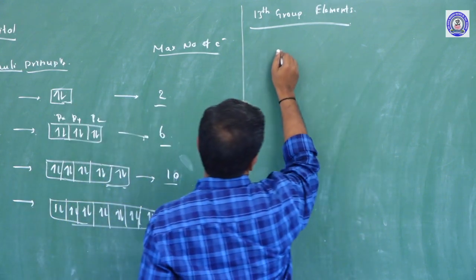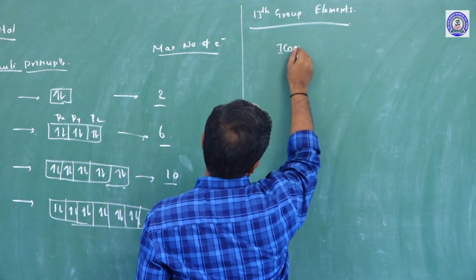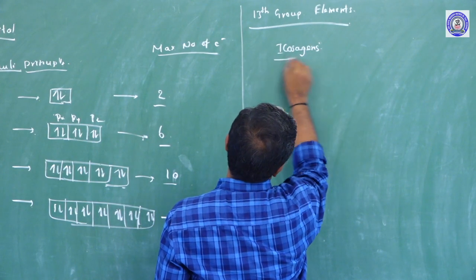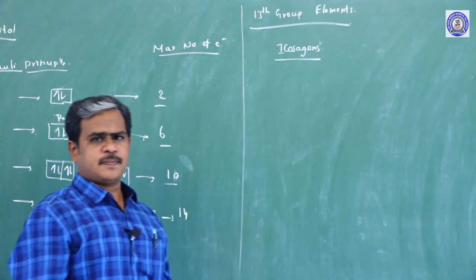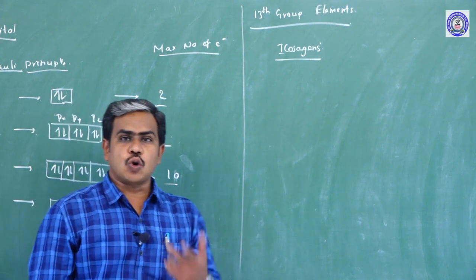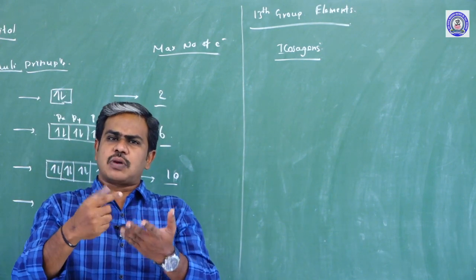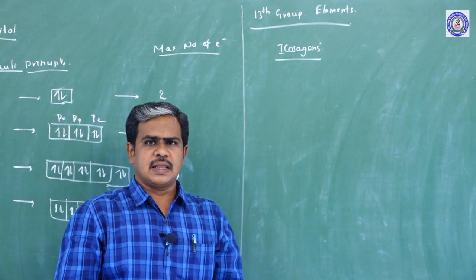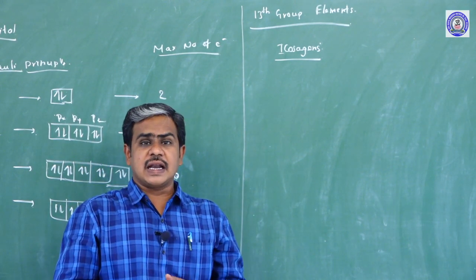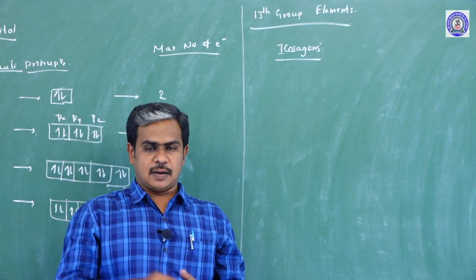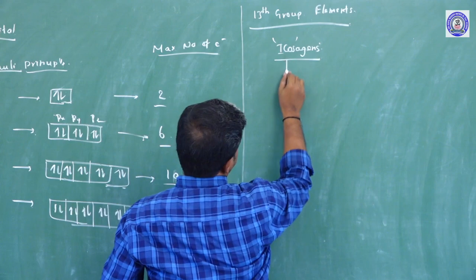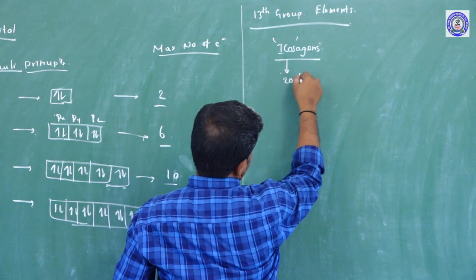What is that? Icosagens. You know that in hydrocarbons we have methane, ethane, propane, and likewise up to 10 it is decane. Then if it is 20, it is icosane. So in chemistry, icos means 20.